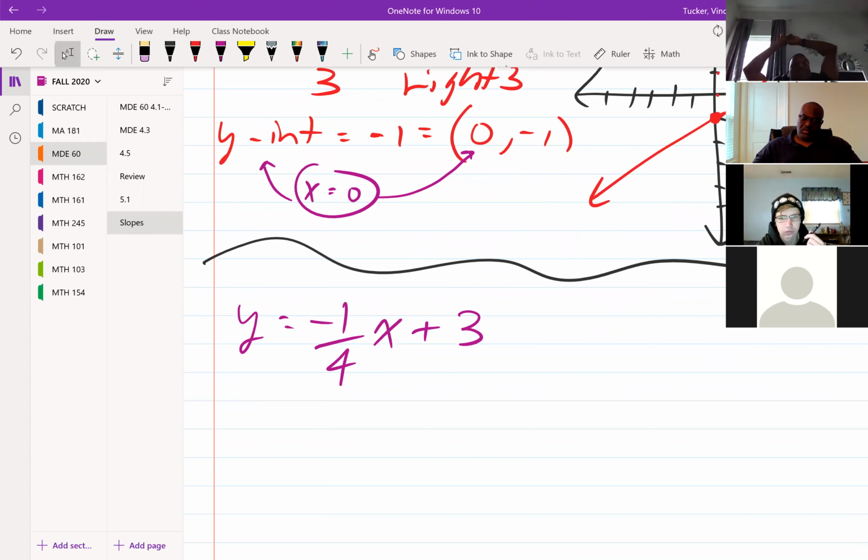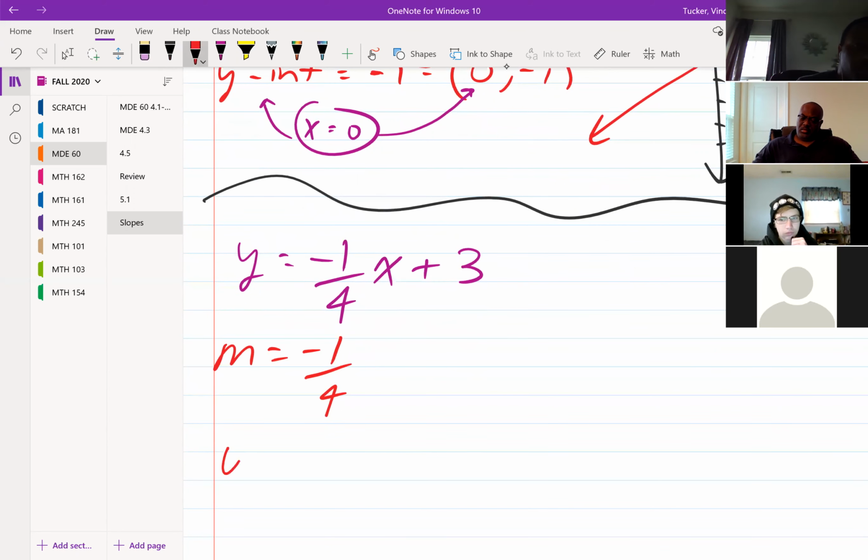Here, if we have y equals negative 1/4 x plus 3, our equation is in y-intercept form, slope-intercept form. So we can just pick out what our slope would be, which would be negative 1/4, and then the y-intercept is going to be 3.